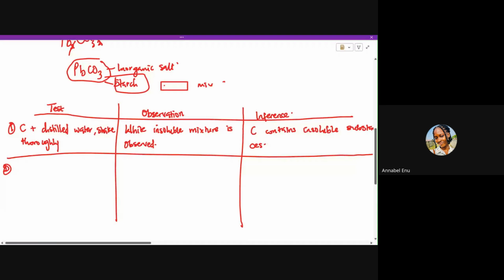Now, another probable step we can follow is that we can be told to add C to dilute HCl, dilute hydrochloric acid, or probably one other strong acid.